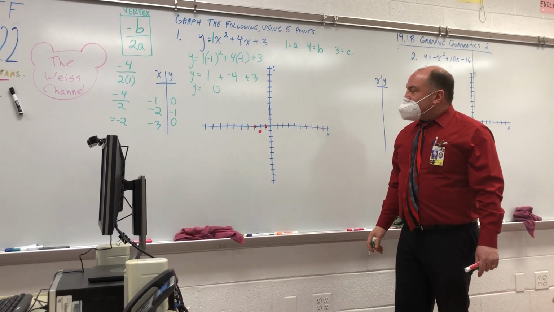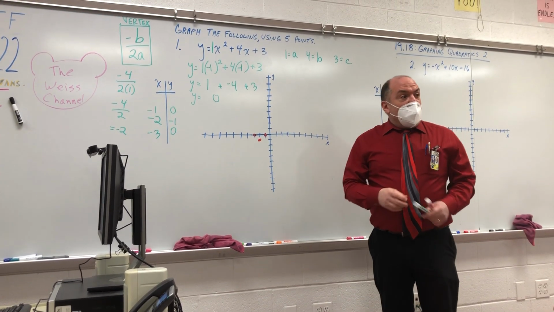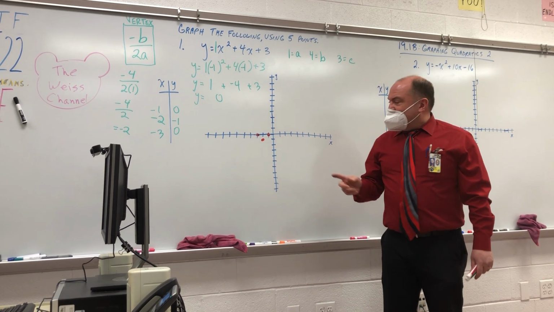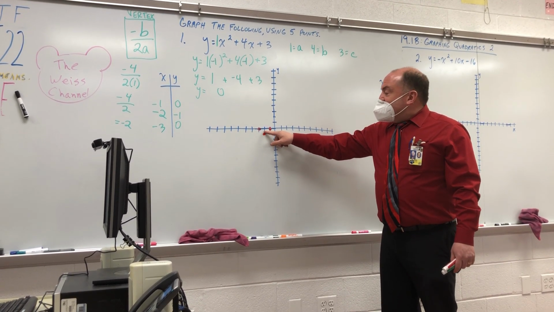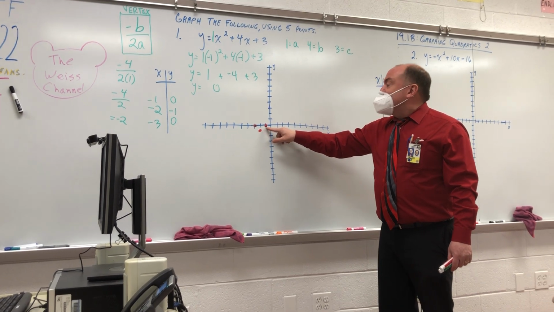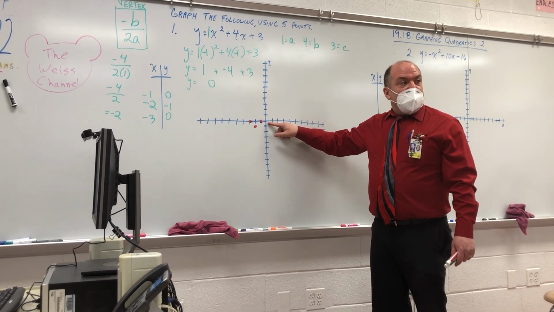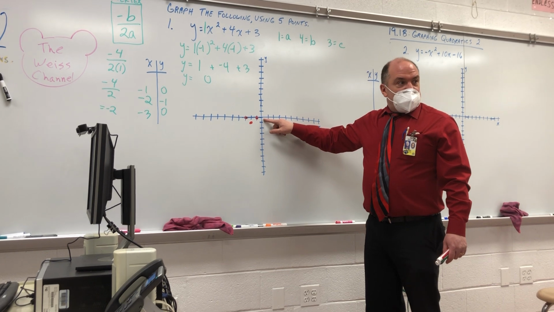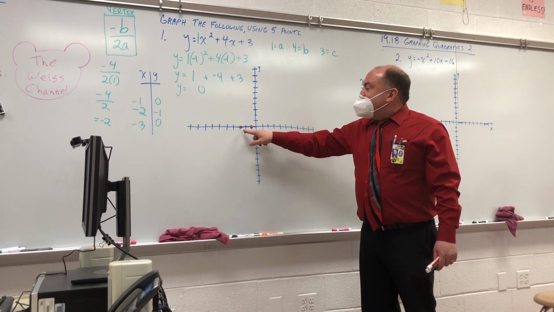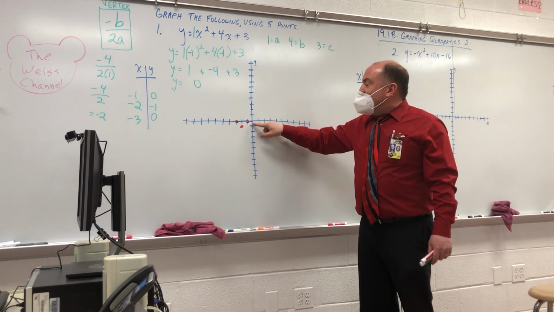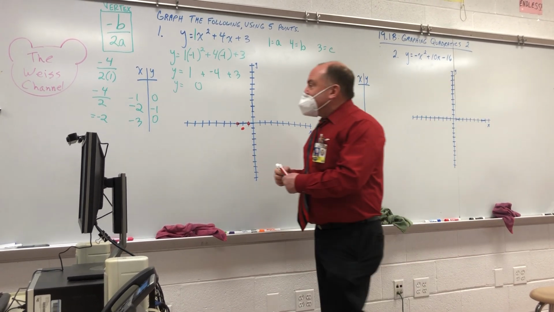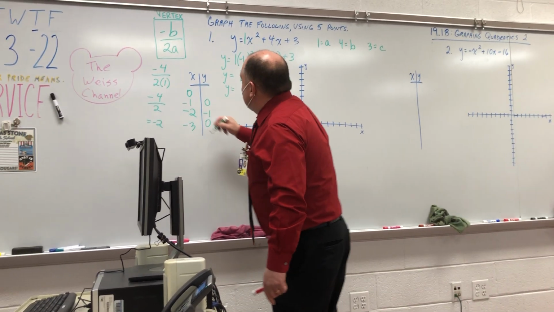Okay? So now I only want you to do one more. So we started at negative 2, then we did negative 1. So now what are we going to do? Now we're going to do 0.